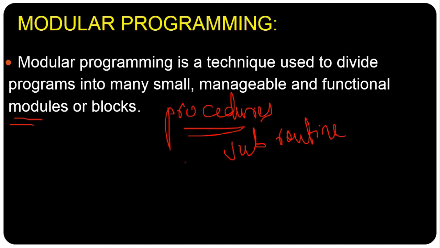Now, if we don't have this concept, modular programming, then we have to write everything in the same place. When we use modular programming, those modules will be in different parts, not in the same place. Whenever I typed sub and wrote the name of the sub procedure and pressed enter, it took me to another window.